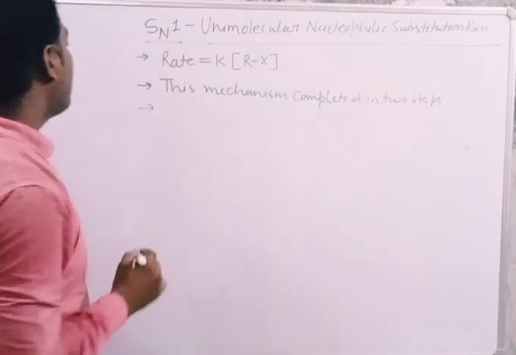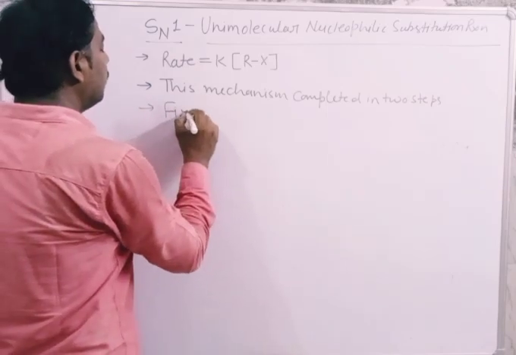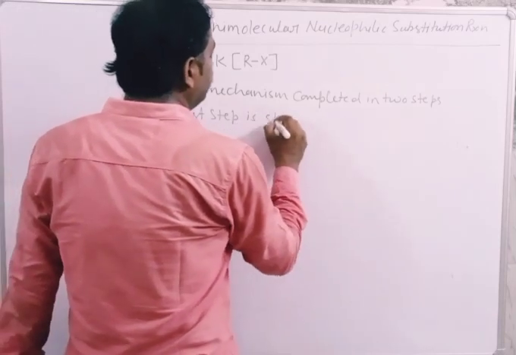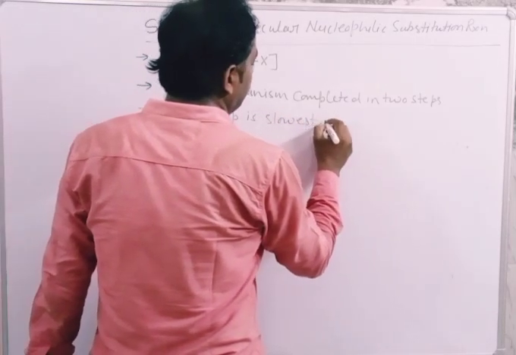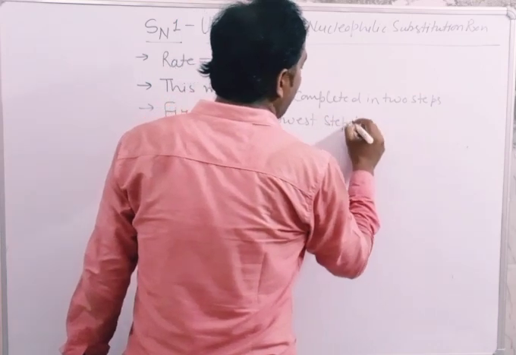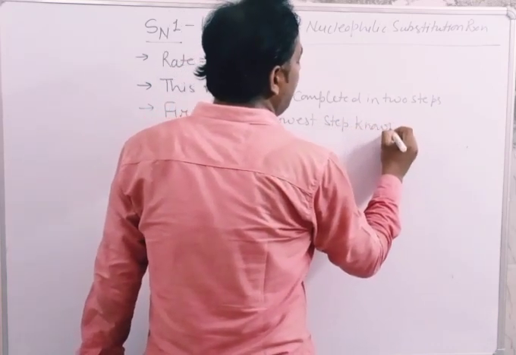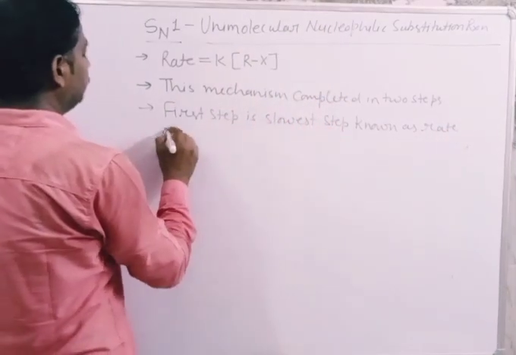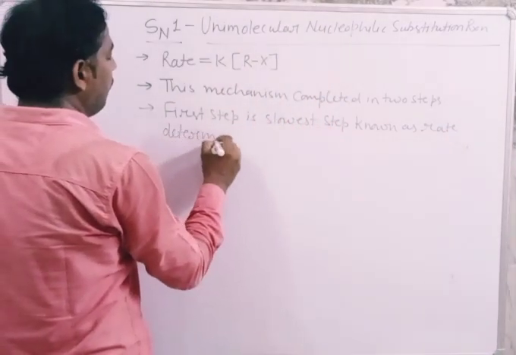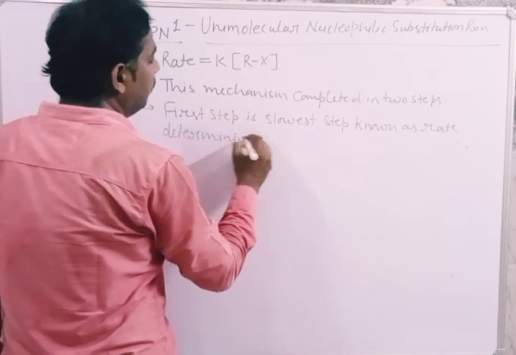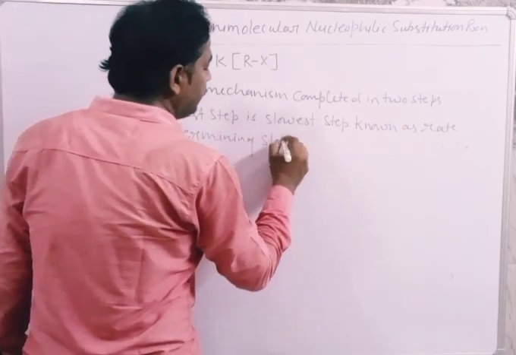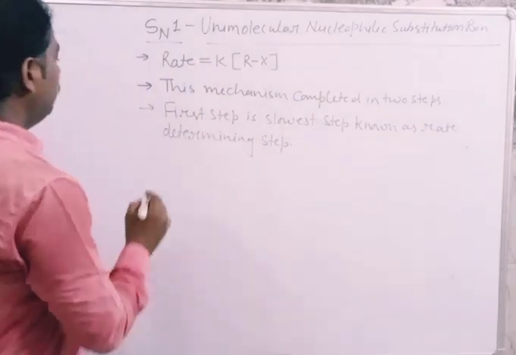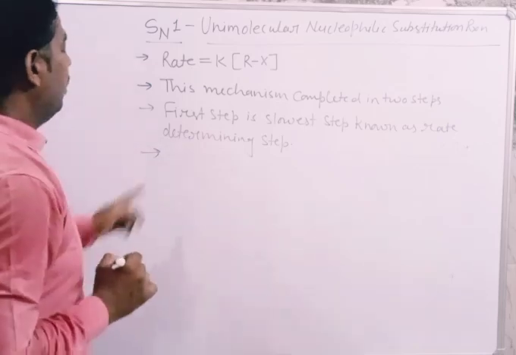The first step is the slowest step, known as the rate determining step. Just wait, I will write this chemical reaction here.